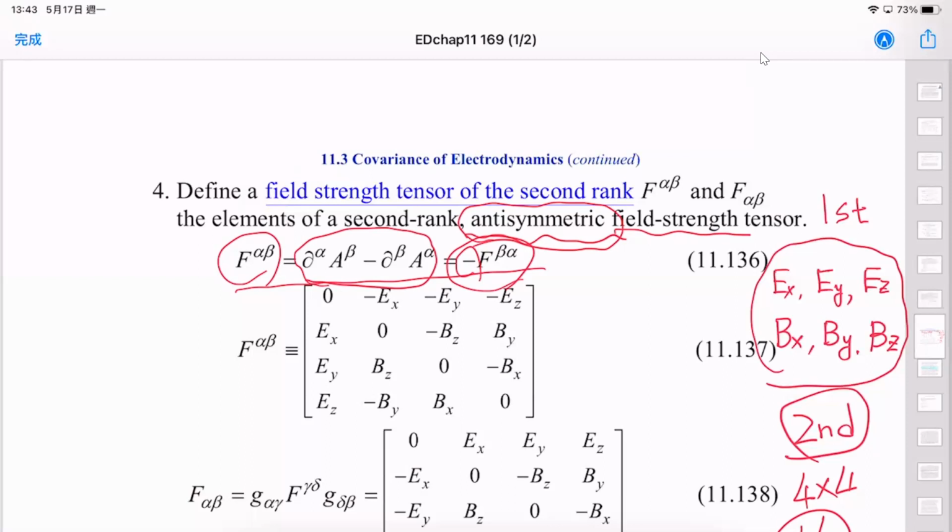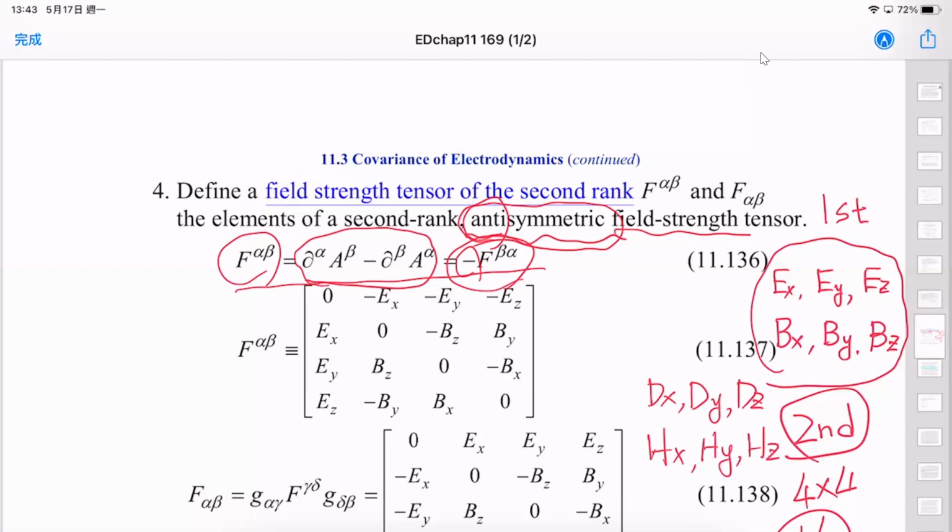How to define this one? Actually, we will discuss this issue when we have time. But remember, for antisymmetric, we have just 6 components. 1, 2, 3, 4, 5, 6. You might wonder, how about DX, DY, DZ, and HX, HY, HZ?